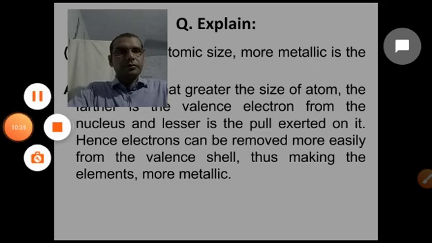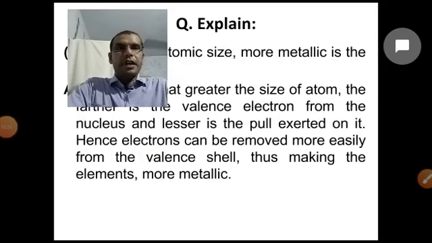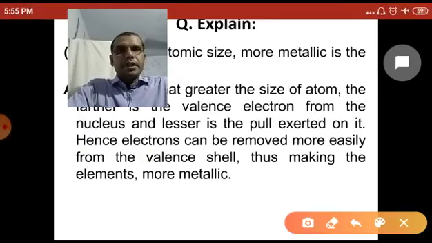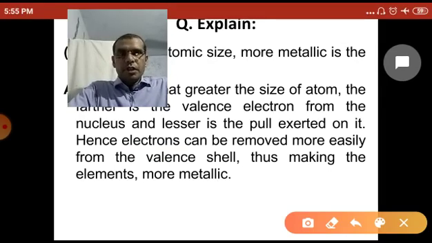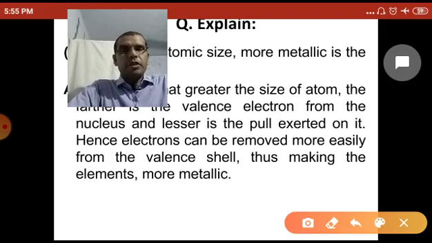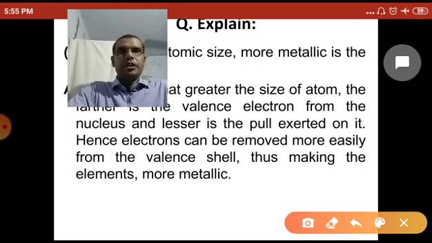If the size is larger, the valence electron is far away from the nucleus, so the force of attraction by the nucleus on the valence electron is lesser. So the valence electron can be easily removed from its valence shell, and that makes the more metallic character.